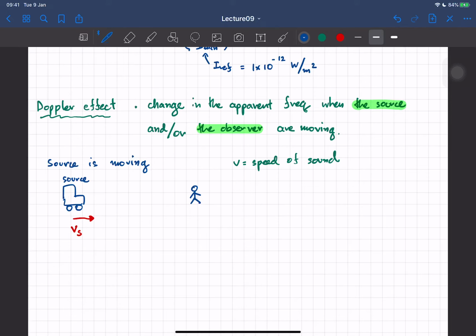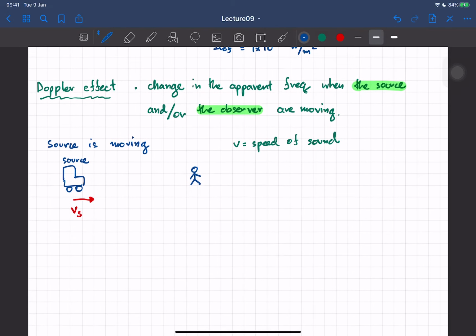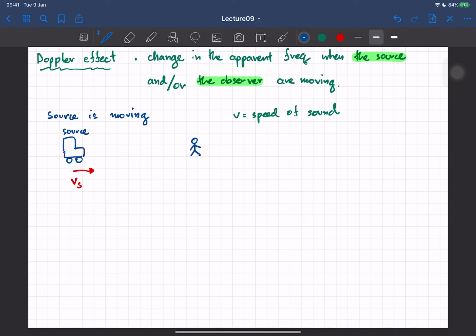Let's put in one important frequency, which is called f0. f0 is the frequency that is observed, meaning the frequency that you hear when Vs is equal to 0.